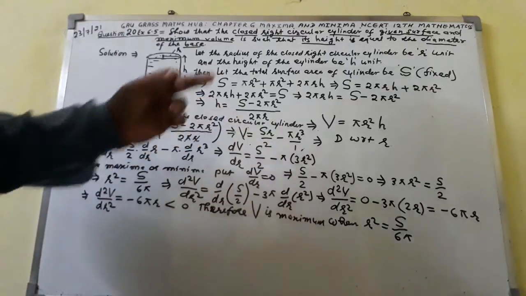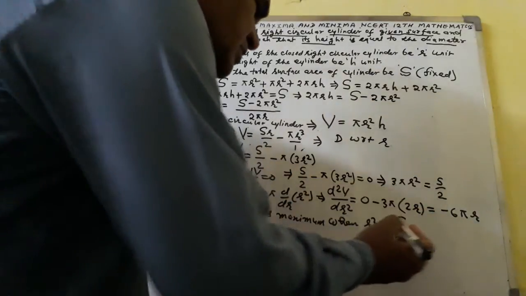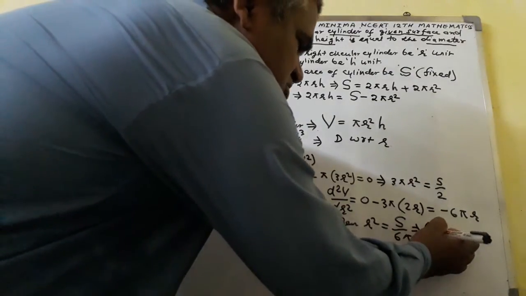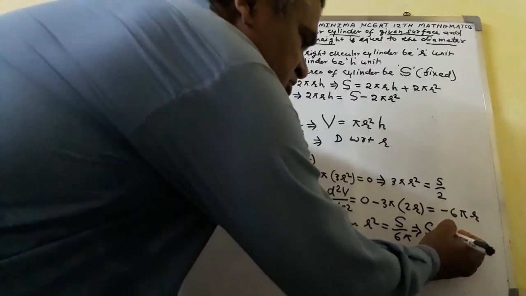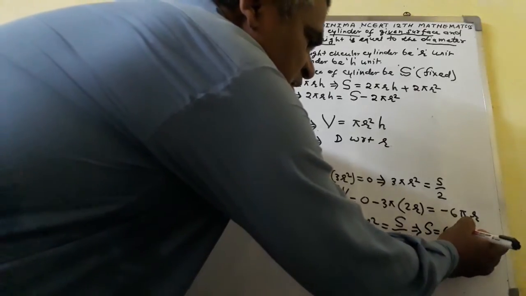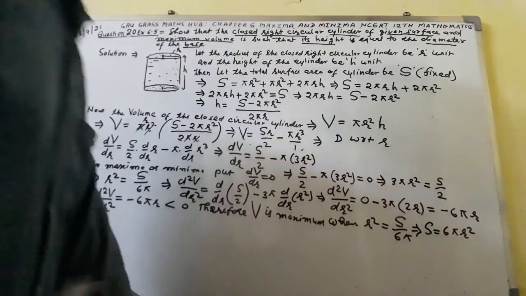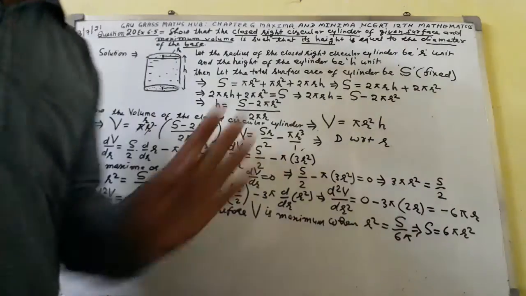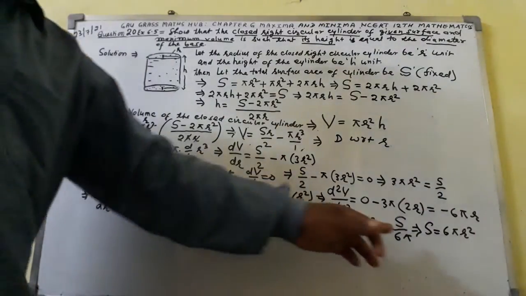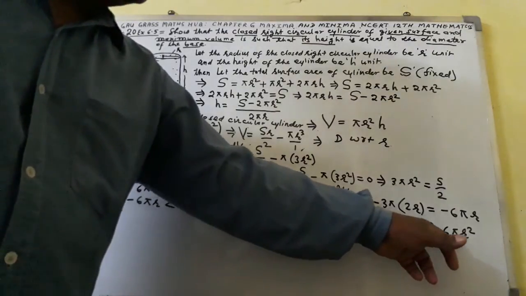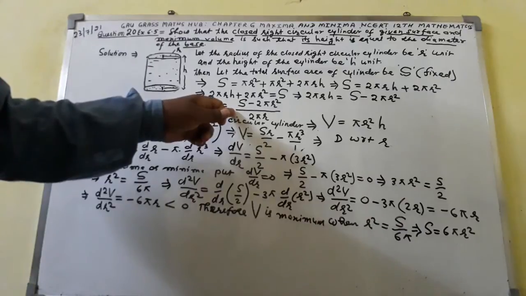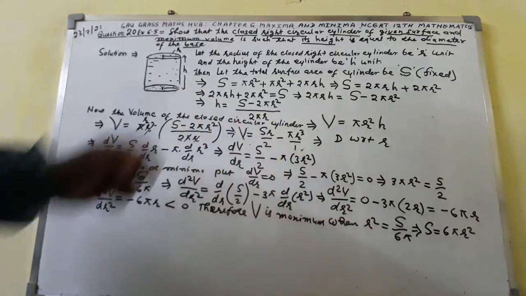Here again I shall write, implies that capital S equals 6 pi r square. So put this value of S and find out the value of height h.